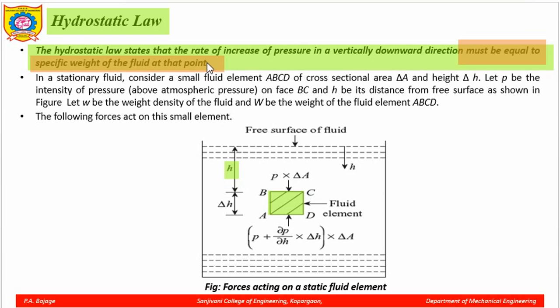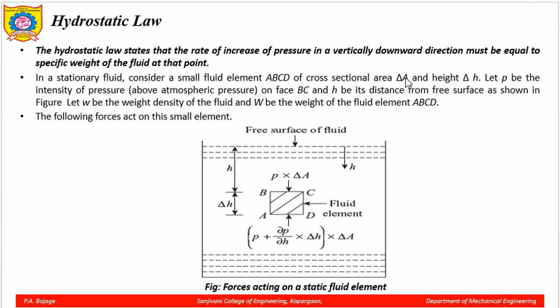So, what is the specific weight of that liquid at that particular point? Point means at a distance h from the free liquid surface. That is the particular law. It means that the rate of increase of pressure in the vertically downward direction must be equal to the specific weight of that element at that particular point.